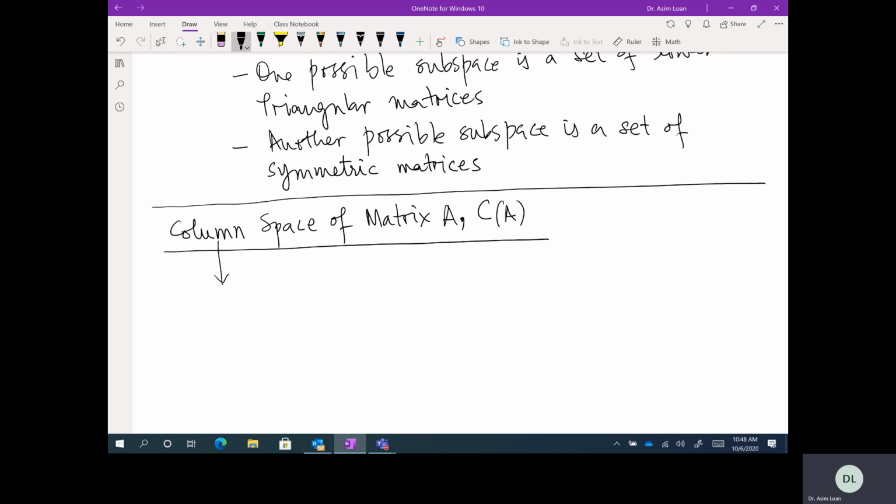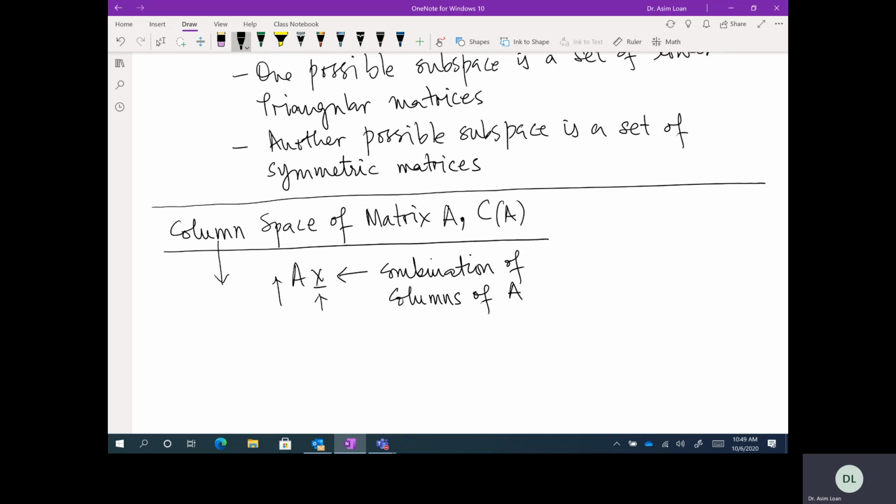And we saw from the first chapter that column space is simply a combination of columns. So when you post multiply a matrix with a vector, A times x is simply a combination of columns of A.